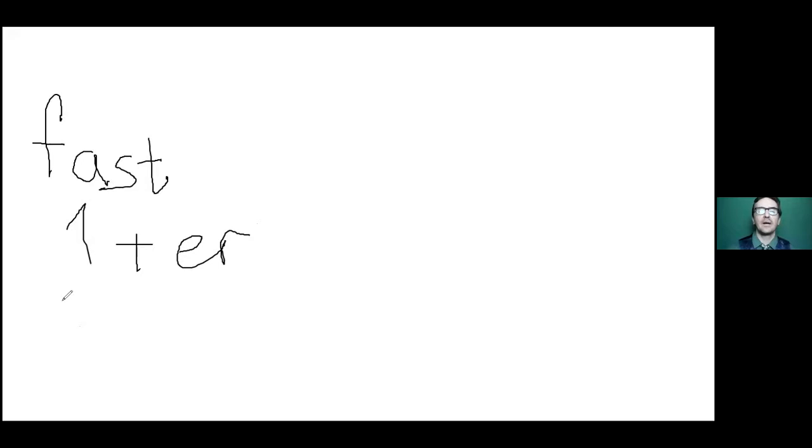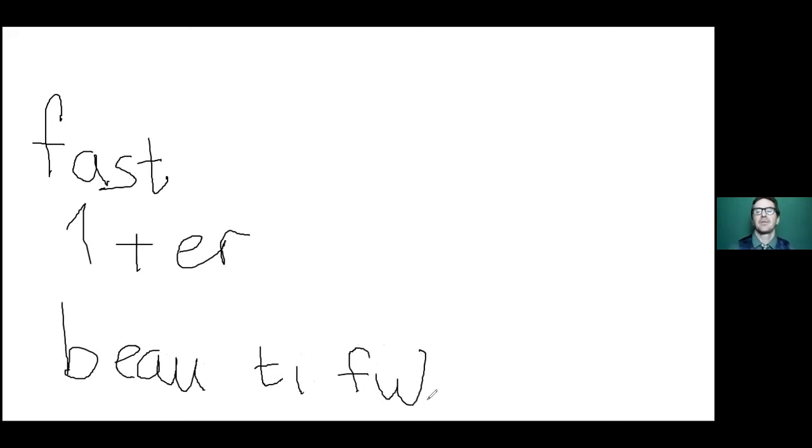But now the next one. I'm putting a space so you can see as an example. Beautiful. So when we say it, it's beautiful. But in Bahasa Inggris, you cannot say beautifuler. Enggak boleh. Beautiful.